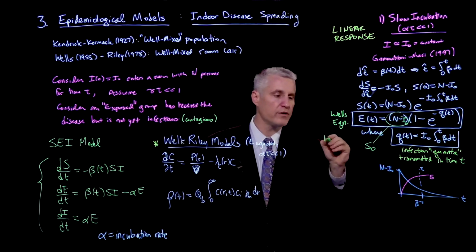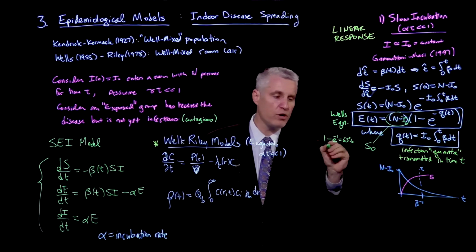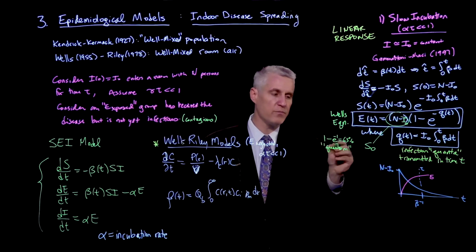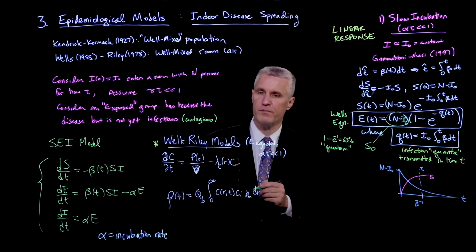Because if you put Q equals -1, 1 minus e to the -1 is 63%. So basically, if someone asks you, what is a quantum of infection? A quantum is basically 63% chance of infection, okay?